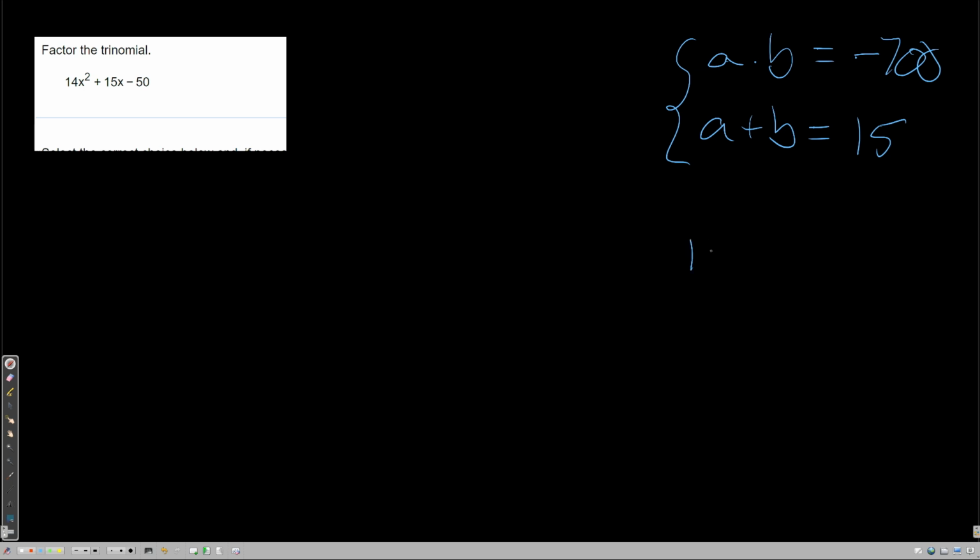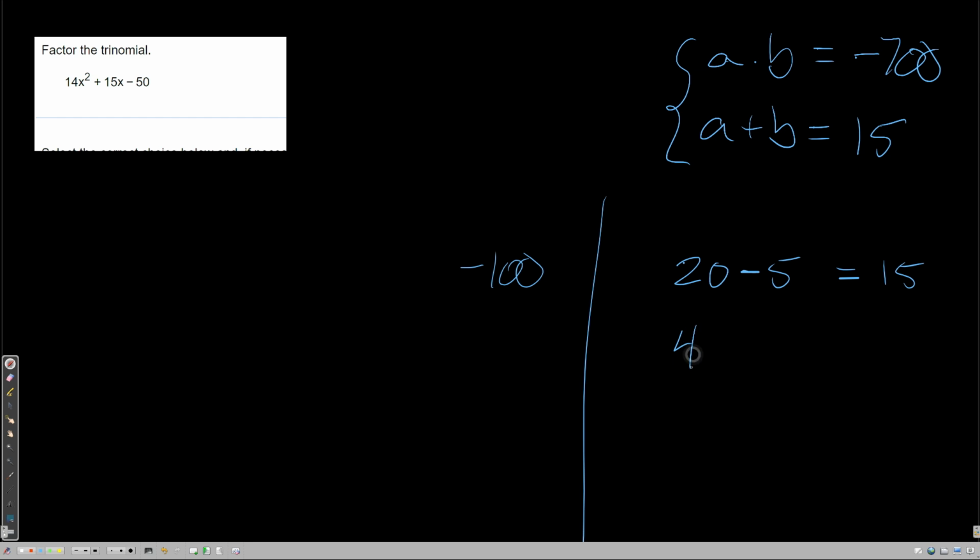I couldn't look at stuff like 1 plus 14 because 1 times 14 is a positive number. I'll have to look at stuff like 20 minus 5, because 20 times negative 5 is a negative 100. It's at least negative, not at all where I need it to really be.